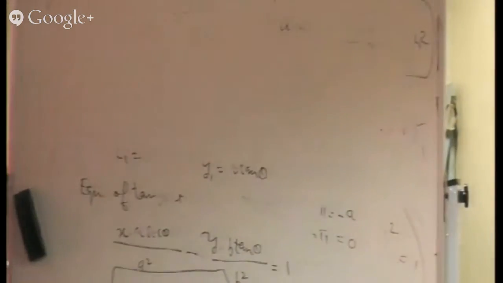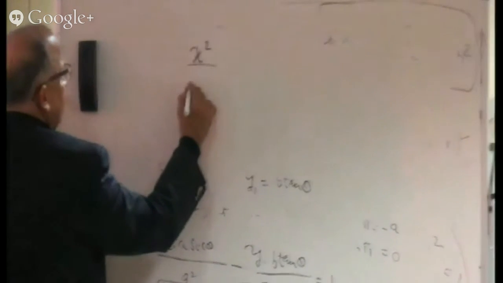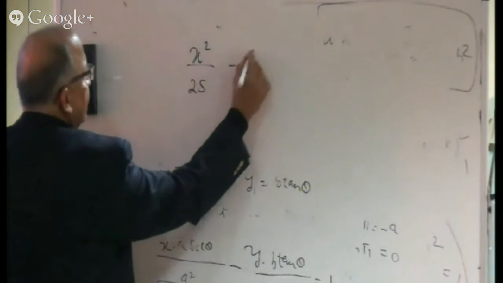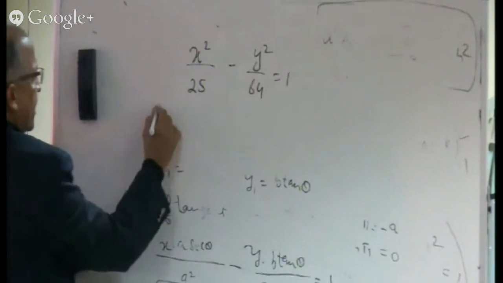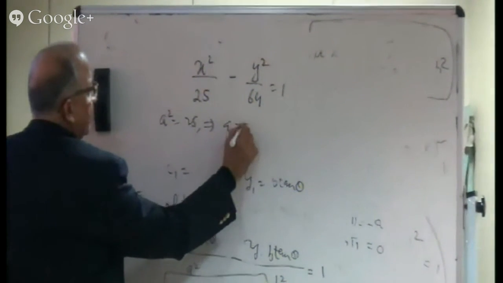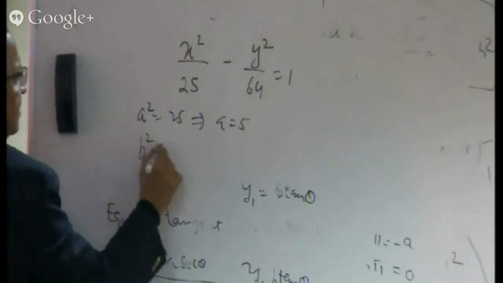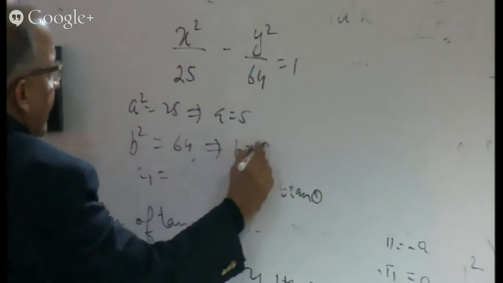Suppose we take a general hyperbola where a square is 25. This implies a is 5. B square is 64, implies b is 8.